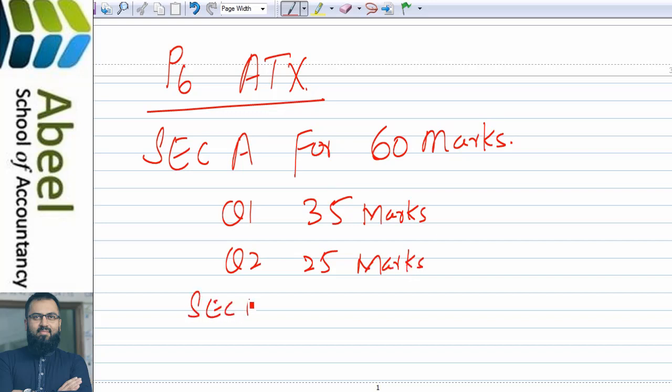Section B has question 3 and question 4, both 20 marks each. And there is no choice in P6. In all the professional papers, there is no choice. There is only one choice, that there is no choice.